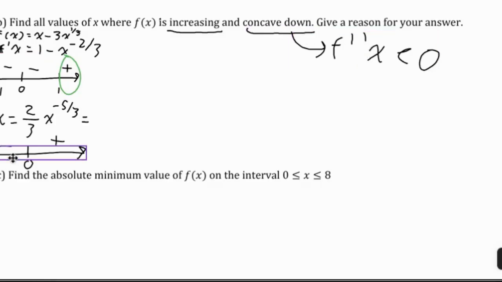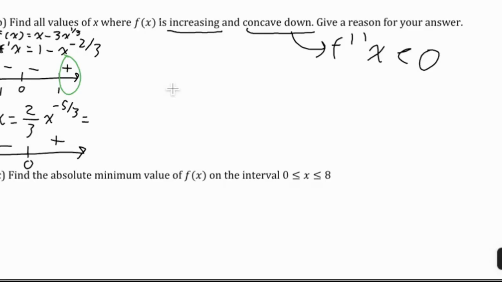We know the second derivative is less than 0 from negative infinity to 0. So we know that the interval where the function is increasing and concave down cannot be from 1 to infinity, because the second derivative is positive. So we know that it is from negative infinity to negative 1.